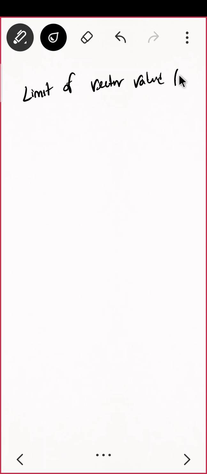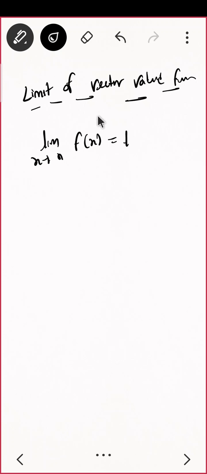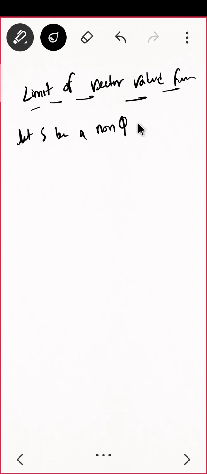Can anybody define it? Let me write it first. Say limit as x tends to a of f of x is equal to L. You must consider where your f is defined. Let me write the first step for you. Let S be a non-empty open subset of Rn.